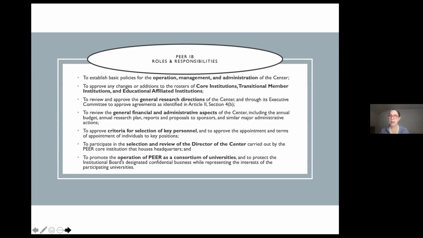So if that is not happening for you, please reach out to your institutional board member. If that doesn't help, please reach out to me, because the most important thing about PEER is that it is a center. It is not an organization that is just giving out research funding, although it does do that.